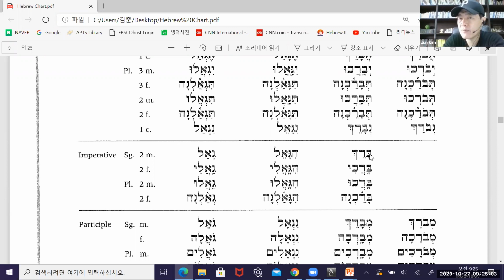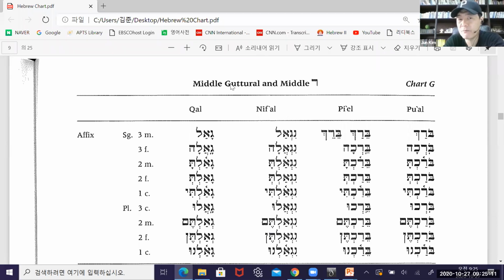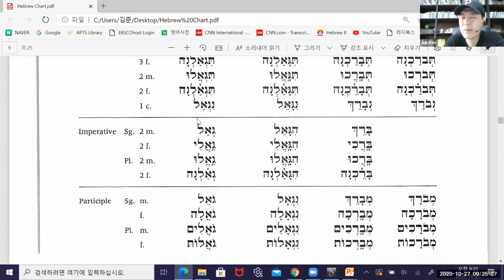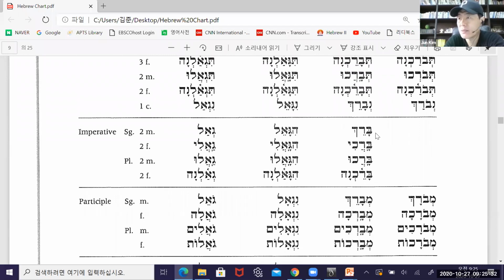Why? Because even this kamets can come for kal, a fixed form, as you can see for middle guttural, kamets here and pata. So you need to understand the difference between 3MSG of fixed form kal and 2MSG imperative form PL, because they are taking kamets under the first root letter.